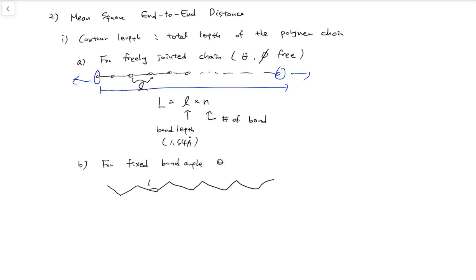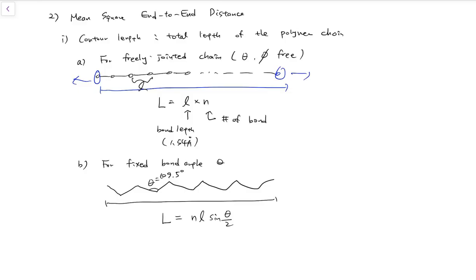For a fixed bond angle theta, 109.5 degrees, then the overall length of the polymer chain, if you use the sine value, would be L sine theta over 2, right? So by simply assuming that polymer chains are linear, either for freely jointed or for fixed bond angle, we can easily determine the overall length, the size of the polymer chains.